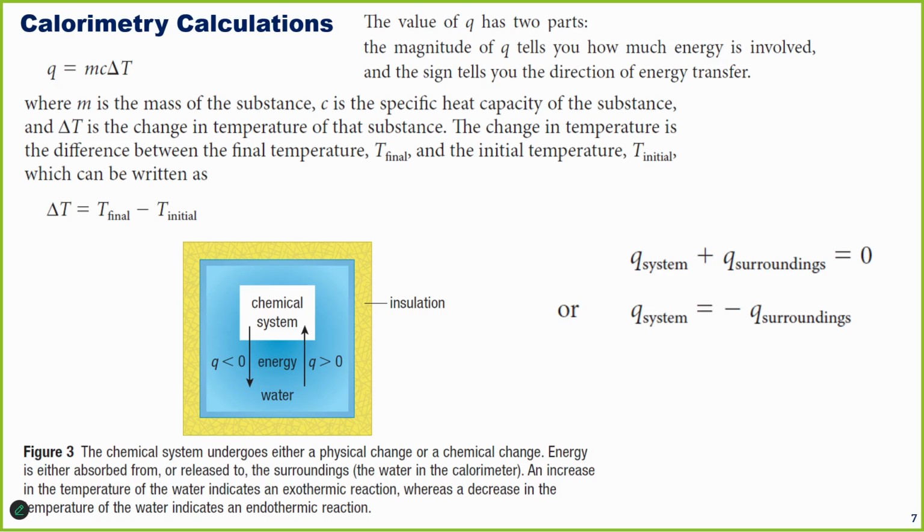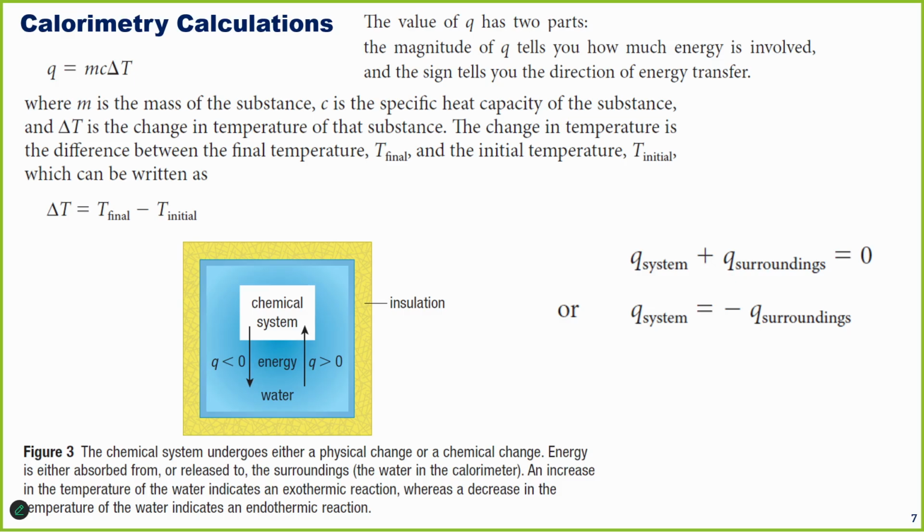The transfer of energy from a system to the surroundings in coffee cup calorimetry is illustrated here in figure 3. The system is composed only of the components of the physical or chemical change that occurs. The water in the coffee cup calorimeter is the surroundings, and all energy transfers are assumed to take place between the system and the water.